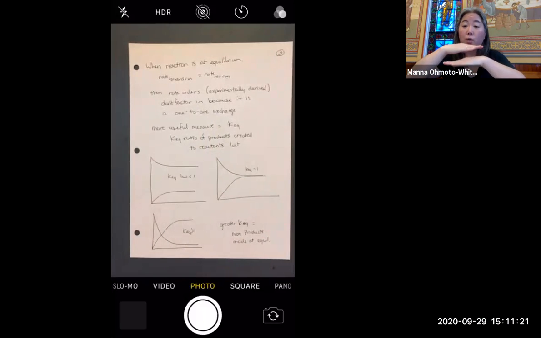So it's a one-to-one exchange, and so any multi-step aspect that could complicate things becomes obliterated because it's going to be the same no matter which way I'm going.